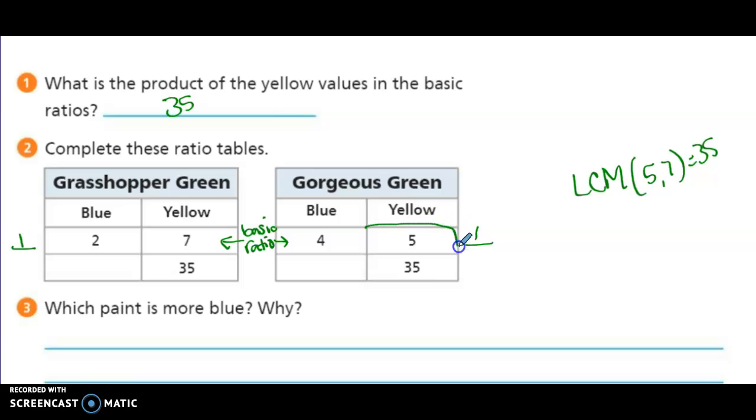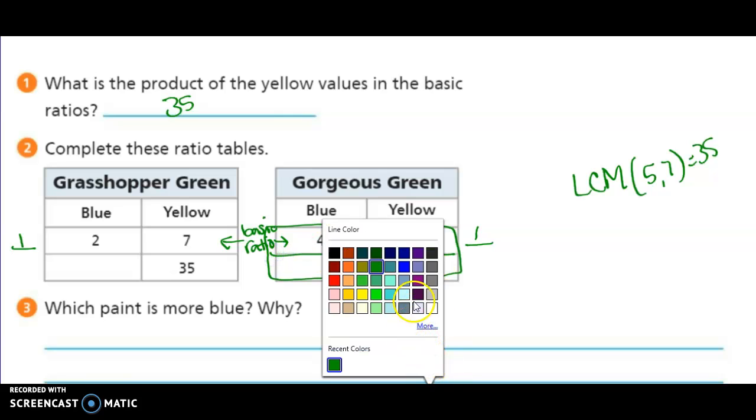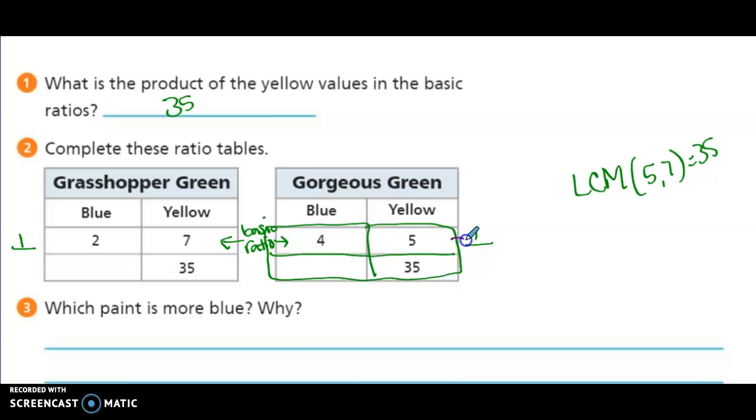I mean, this looks like a factor puzzle, and a strategy that the book is saying, you could do your factor puzzle and that's fine. But another option is to figure out what did you multiply this row by to get this one, and that's multiplied this one by 7. So I have to multiply 4 times 7, and I would get 28.